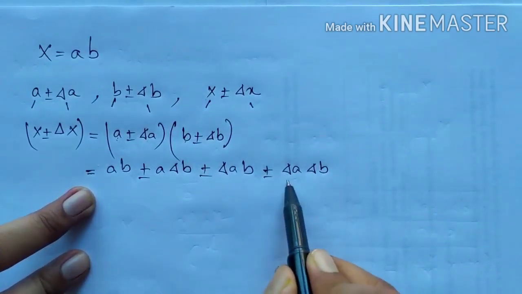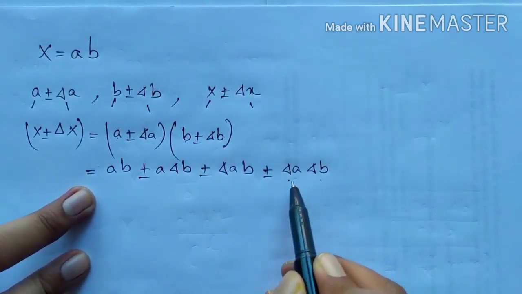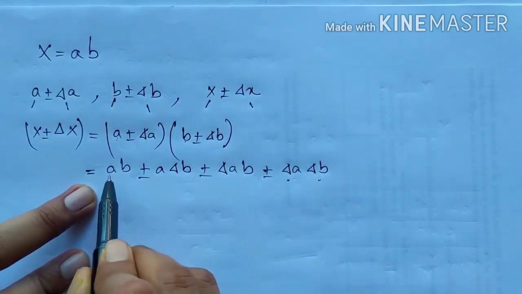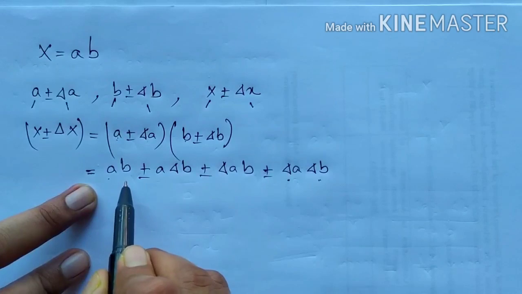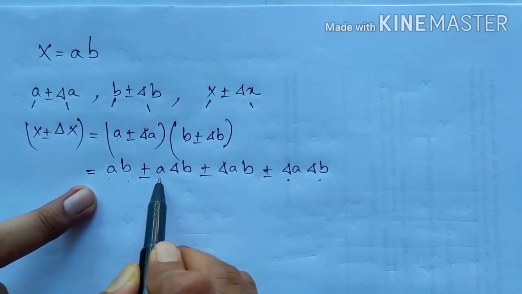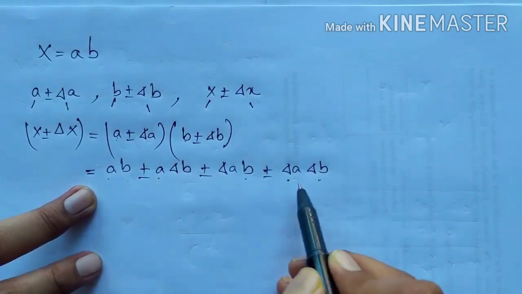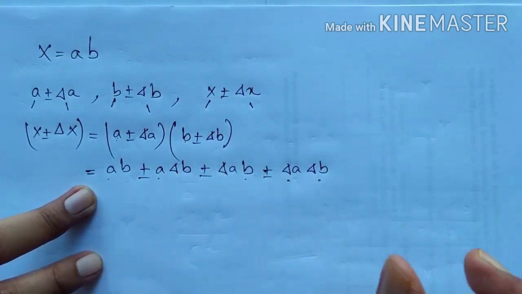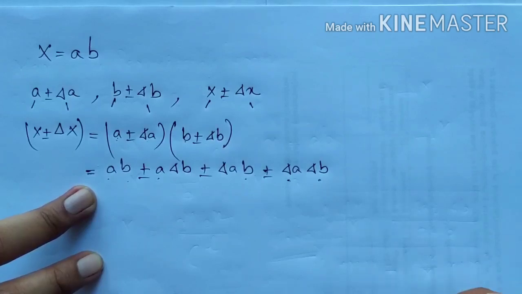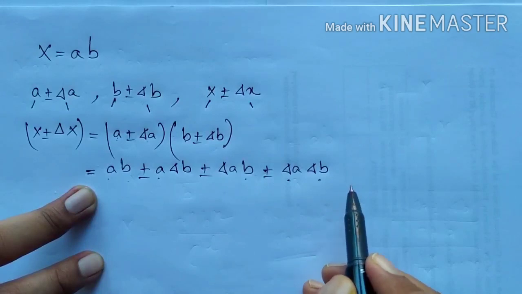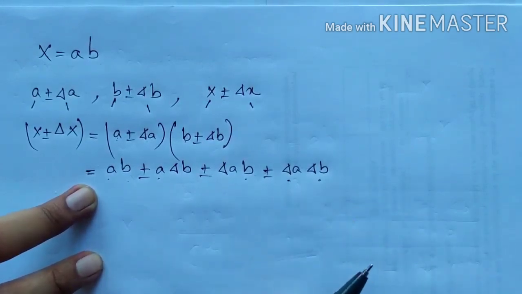Now here this product of delta A and delta B is very very small as compared to the rest of the terms, because this AB represents the measured value. Here I have a quantity A measured value, here I have B measured value. But delta A and delta B are the errors. In general, they are very very small quantities. As they are very small quantities, their product will be even smaller.